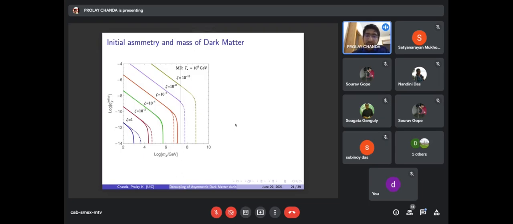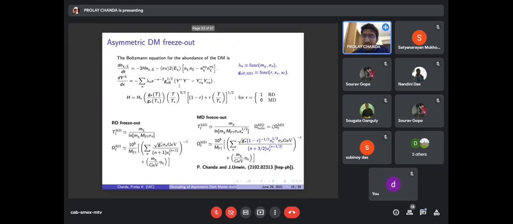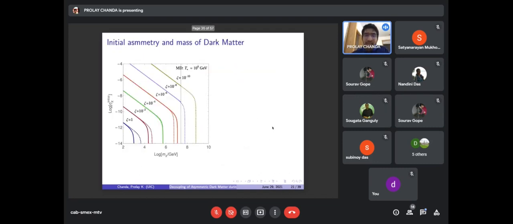Also, you can see from here that the entropy dilution factor is a prefactor, which means you can go for higher asymmetry when you choose higher entropy dilution, like 10 to the minus 10 is higher than 10 to the minus 8 in that sense.